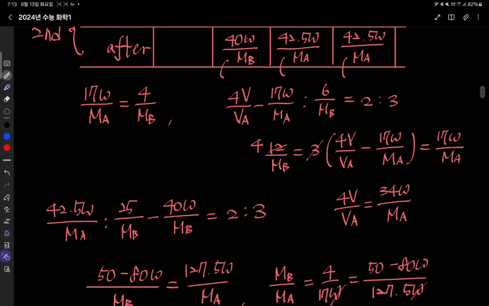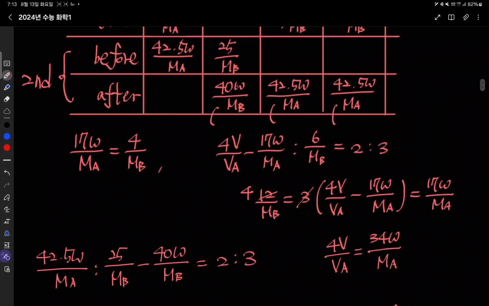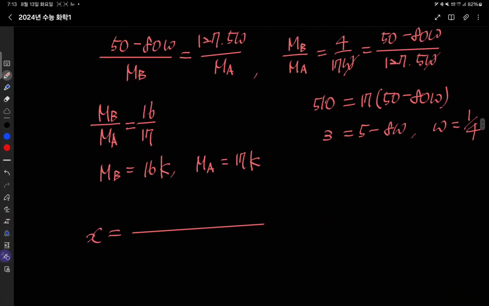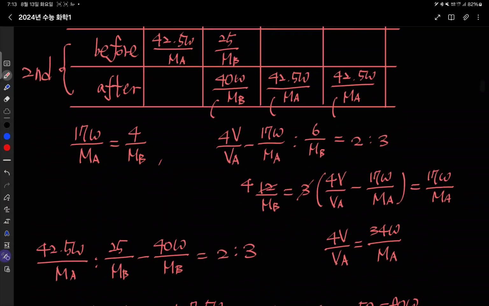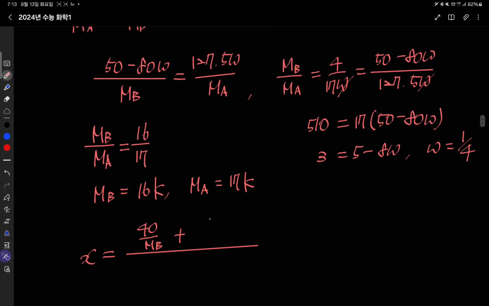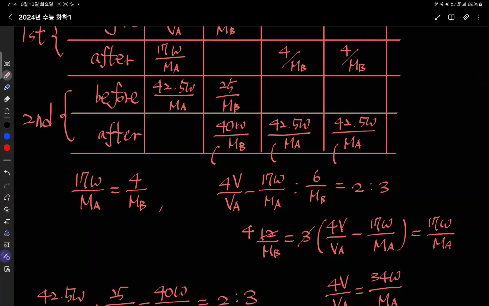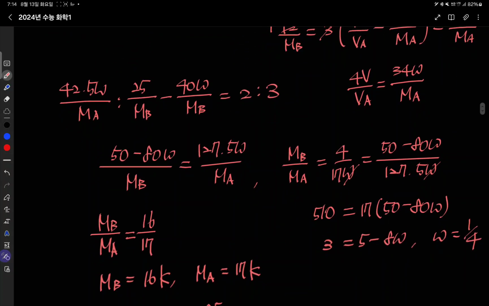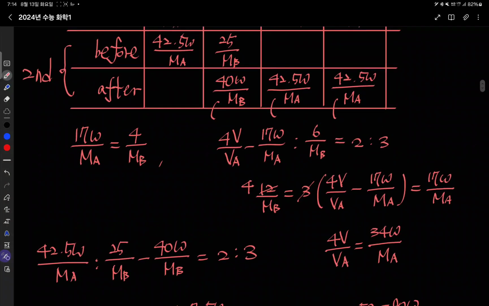That's the numerator. So 40 over MB plus 85 over MA. And the amount of C is 42.5 over MA. I just omit the W's.